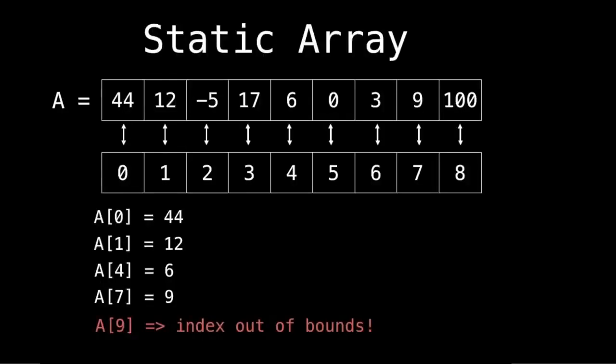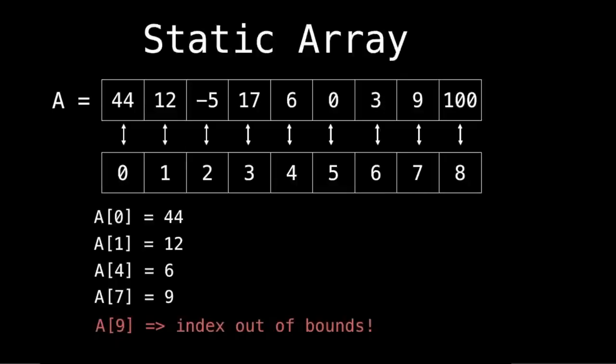So array A, square bracket 0, close square bracket is equal to 44, meaning A at position 0 is equal to the value 44. Similarly, A at position 1 is 12, A at 4 is 6, A at 7 is 9, but A at index 9 is out of bounds, and our program will throw an exception.